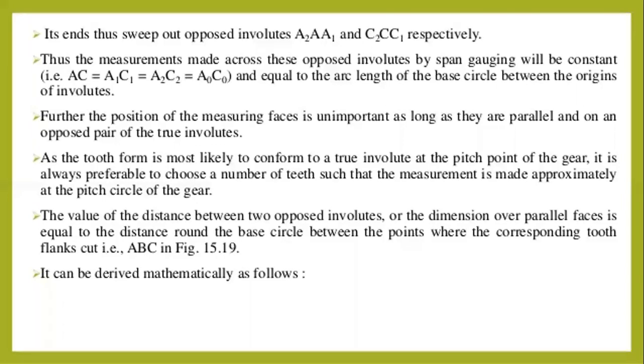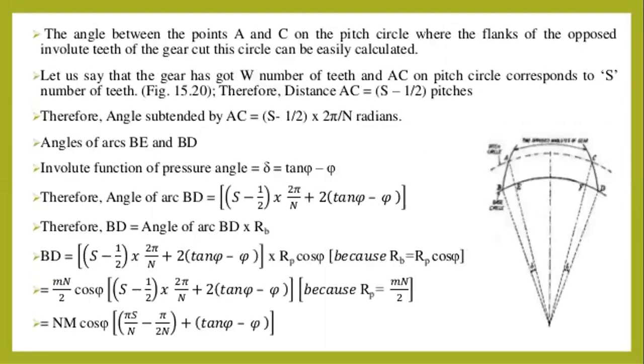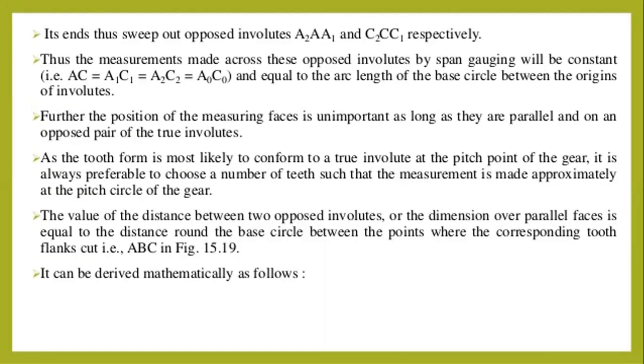The positions of the measuring faces are unimportant as long as they are parallel to the opposite pair of involutes. They should be parallel to the opposite pair of true involutes, as the tooth form is most likely to conform to a true involute at the pitch point of the gear.